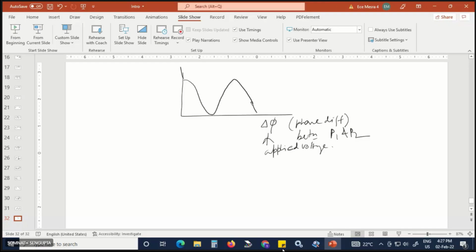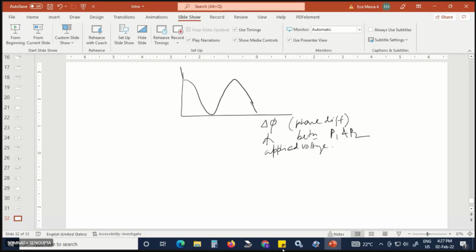So if you change the voltage, the phase will change accordingly and you will get the light accordingly, and the light intensity will depend on the applied voltage.